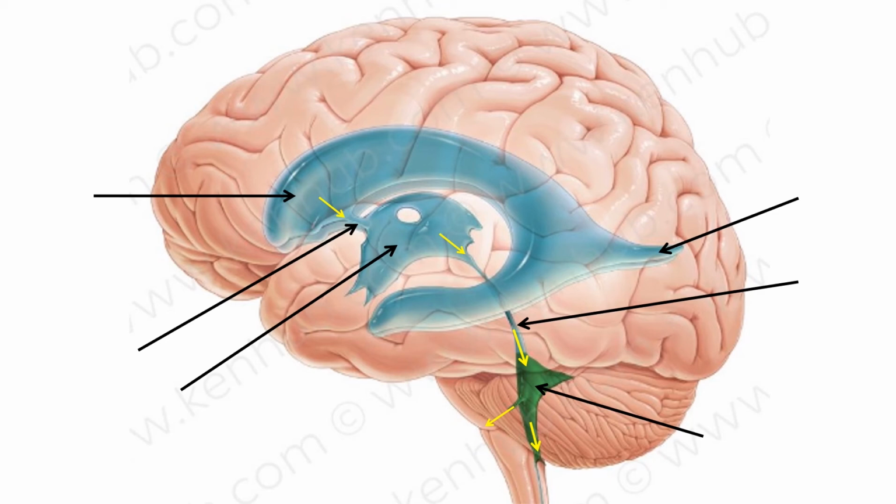The cerebrospinal fluid is going down the spinal cord in the central canal, and at the same time it is connected to the space around the brain in a space called subarachnoid space.